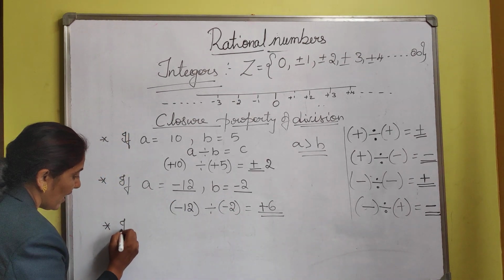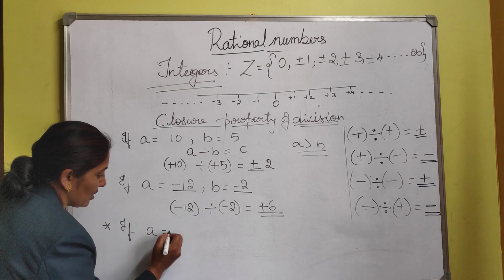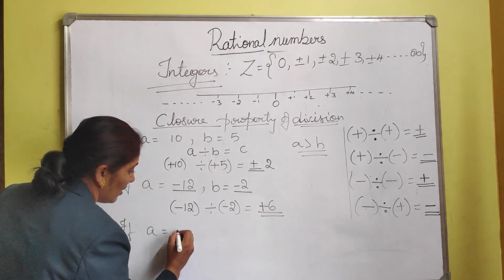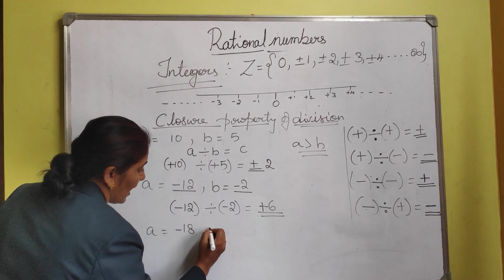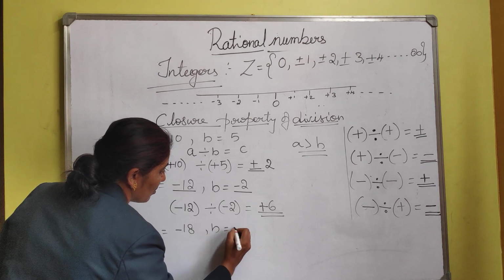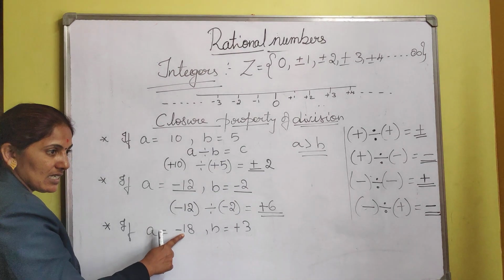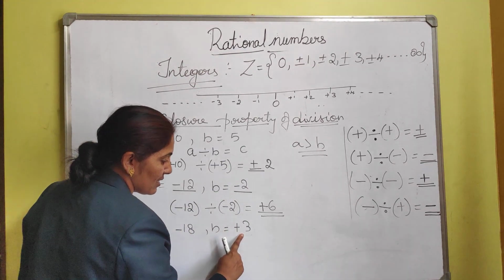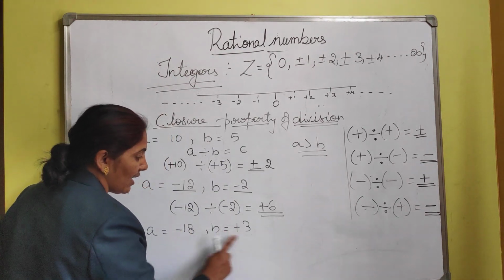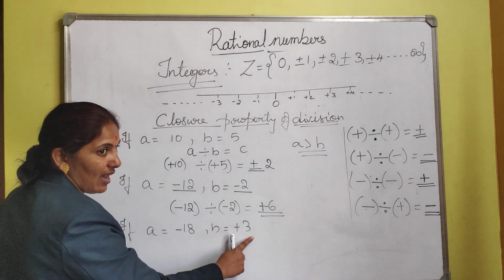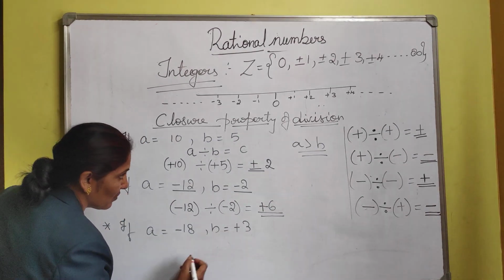Say again, I will change the value here, A is equal to minus 18 and B is equal to plus 3. You can observe here, minus 18 is a negative integer and B is a positive integer. Again they are unlike. So what do we observe here?